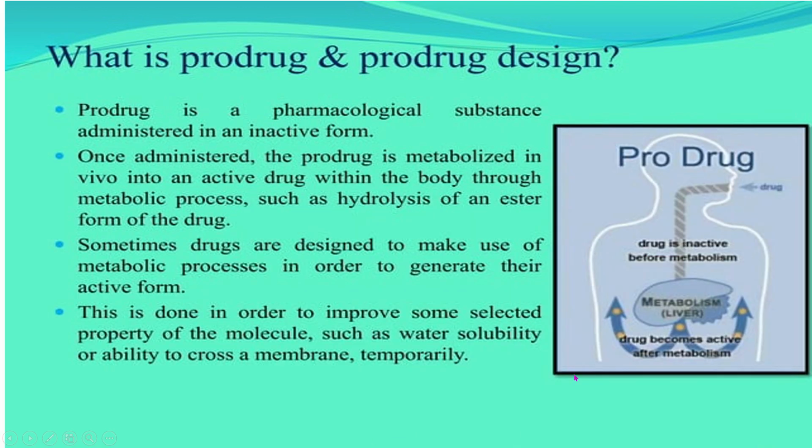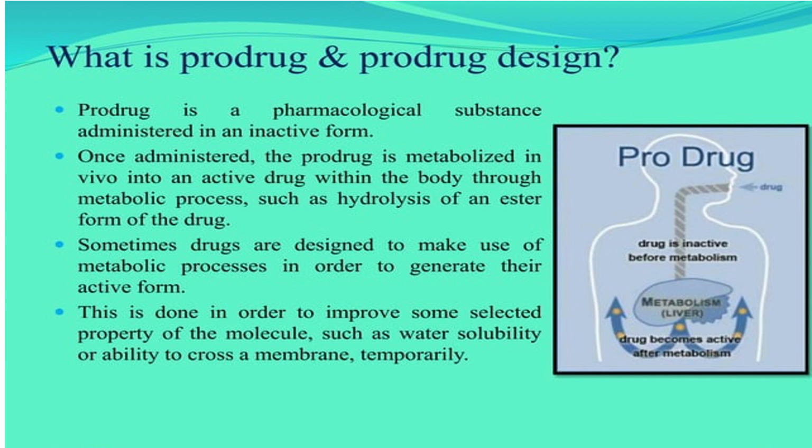Now, what is actually a prodrug and how are we going to design one? A prodrug is basically a pharmacological substance which is administered in an inactive form. Once it is administered, the prodrug is metabolized in vivo into an active drug within the body through metabolic processes.